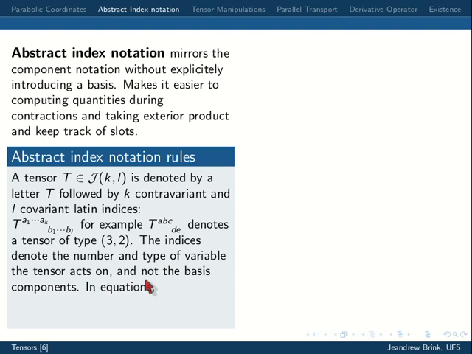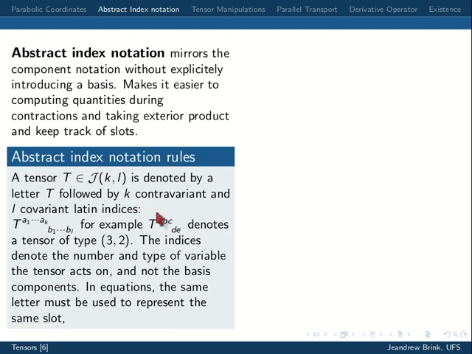So now we can start using this to write down equations. In equations, the same letter must be used to represent the same slot. Remember our tensor was like a function g of so many covariant indexes, comma, so many contravariant indexes.